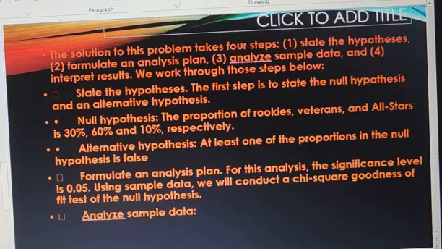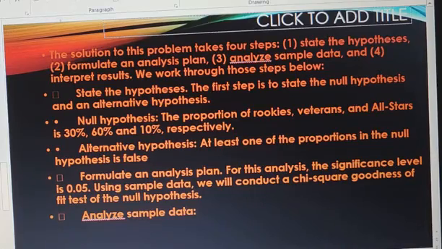The first step is to state the null hypothesis and an alternative hypothesis. Null hypothesis: the proportion of rookies, veterans, and all-stars is 30%, 60%, and 10%, respectively. Alternative hypothesis: at least one of the proportions in the null hypothesis is false.